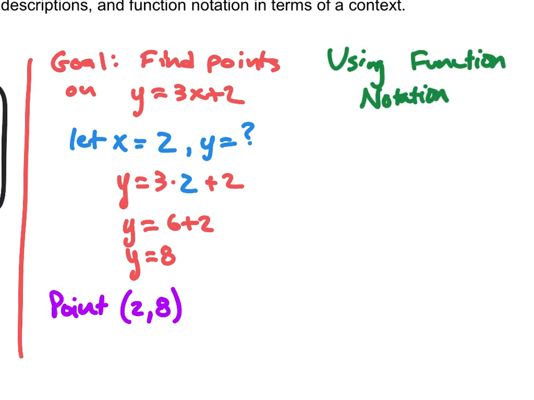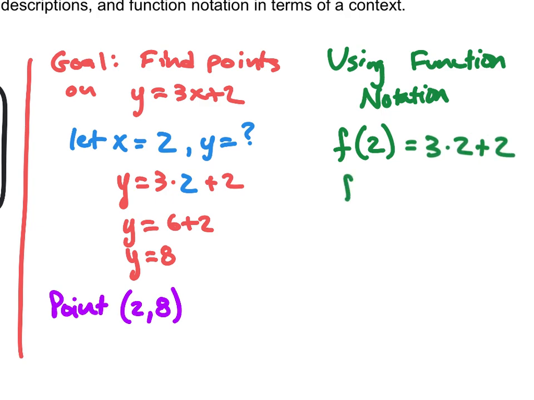Instead of saying let x be equal to 2, what's y equal to, I'm simply going to ask, what's f of 2? When I have f of 2, I plug that into the function, and it's going to be 3 times 2 plus 2.